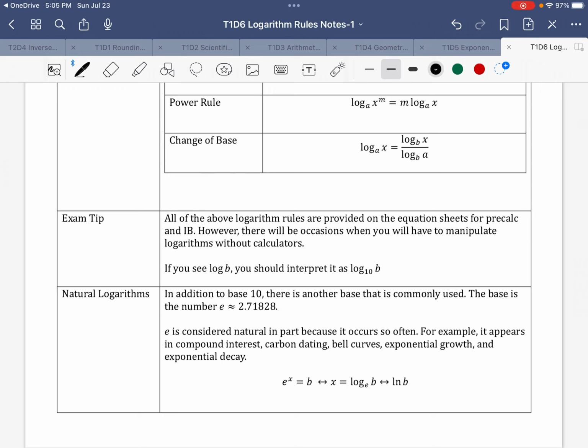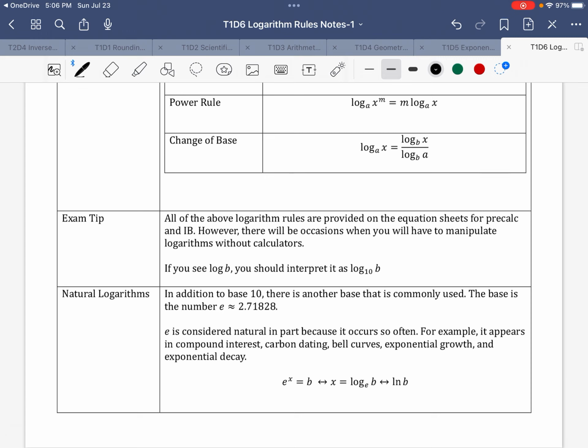In addition to base 10, natural logarithms, or base e, are also very, very common. So e, like pi, is an irrational number and is approximately equal to 2.71828. e is considered natural just because it comes up in nature so often. We use it in compound interest, carbon dating, bell curves, exponential growth, and decay.